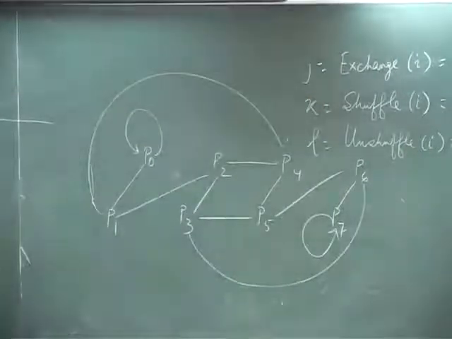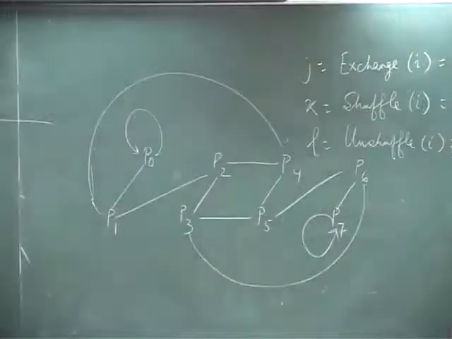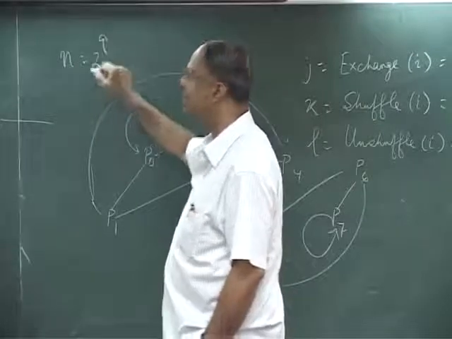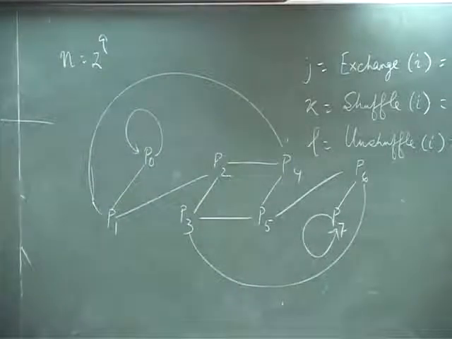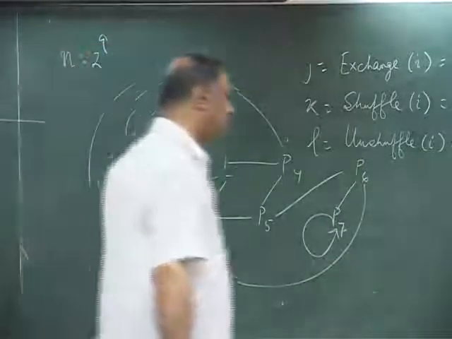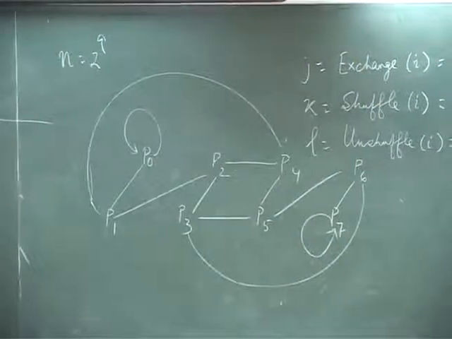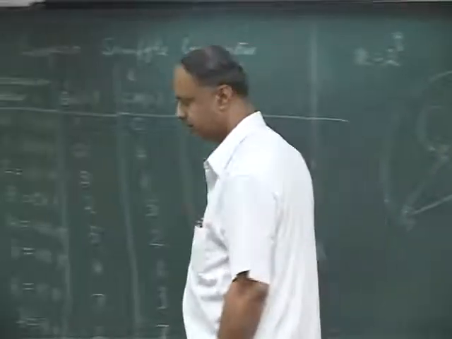One property is that if data D is available in Pi, and n is equal to 2 to the power Q, where n is the number of processors, then after Q shuffles the data will come back to its original position.